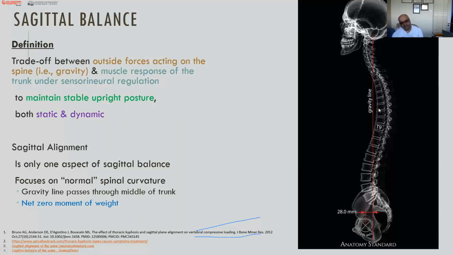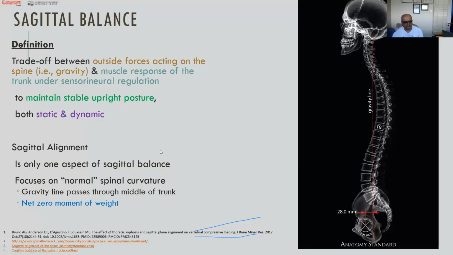The C7 gravity line usually goes slightly anterior to T9, and it bisects S1. The normal value can be about 28 millimeters anterior or 20 millimeters posterior to the posterior aspect of the S1 end plate.